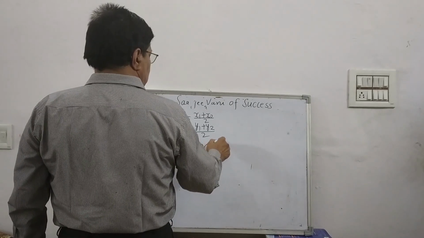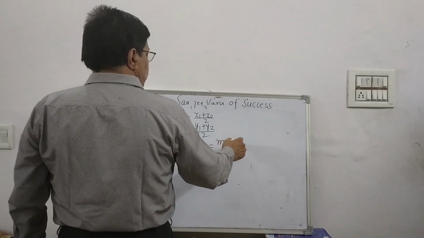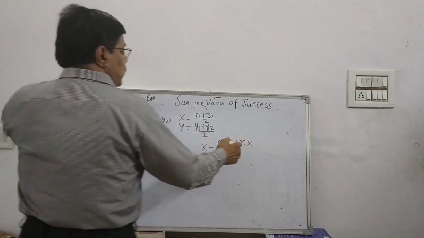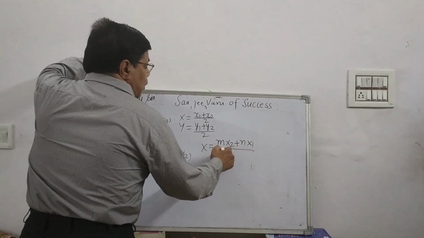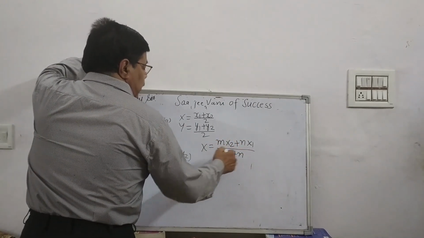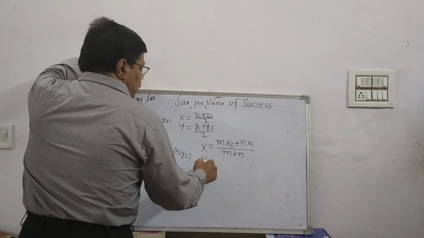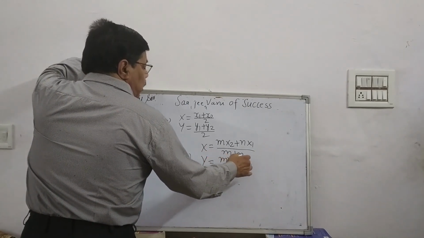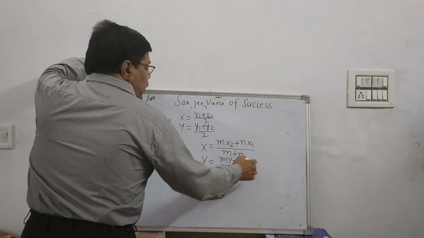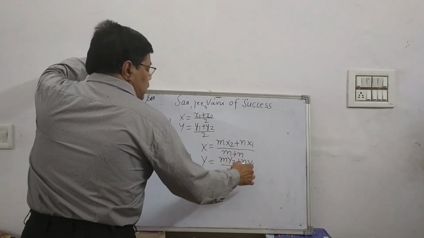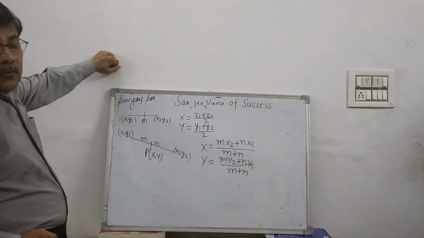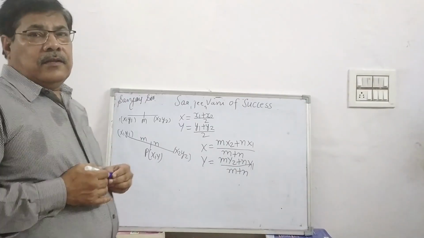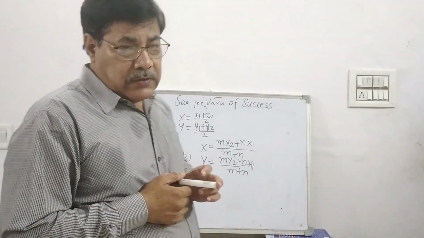X equal to m x2 plus n x1 upon m plus n. And similarly y will be m y2 plus n y1 upon m plus n. Clear? Okay. So children, remember this formula.